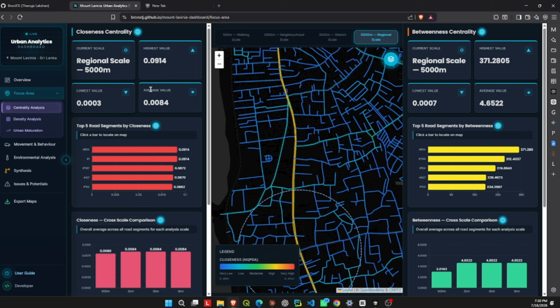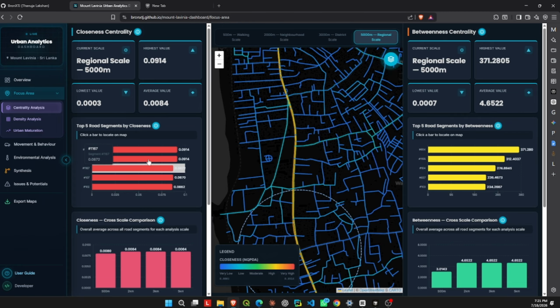If the highest is much larger than the average, it means a few streets dominate accessibility in the corridor. Here we couldn't see a large difference; the difference is very minimal. The chart here is the top 5 road segments.